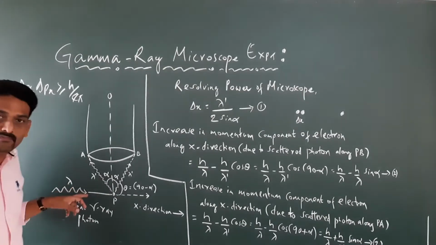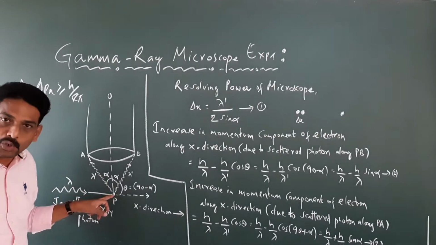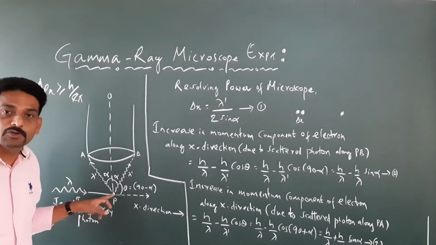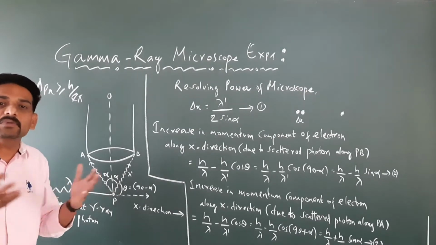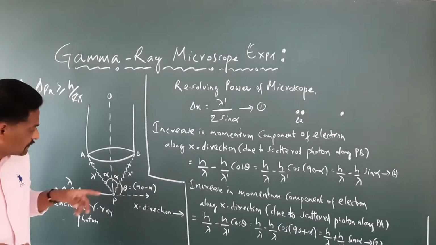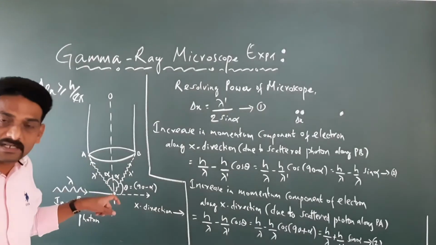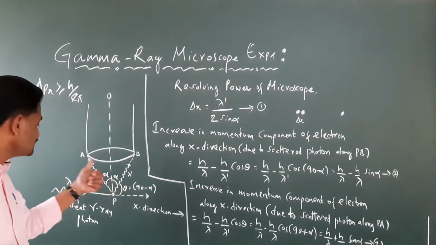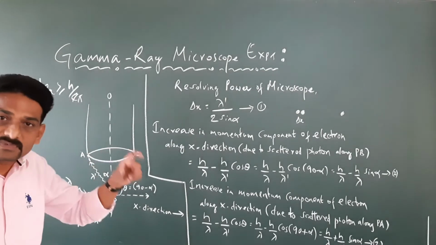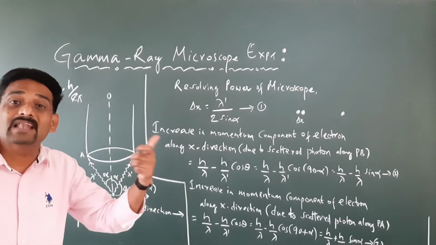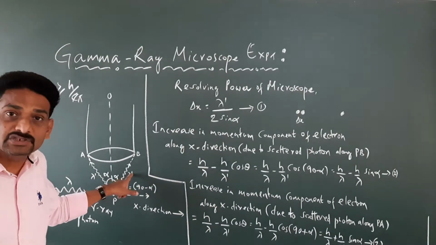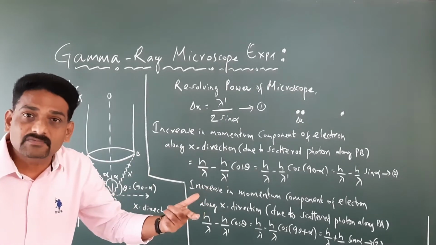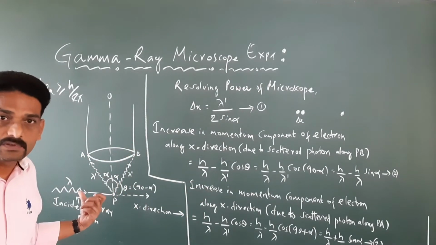When this incident gamma ray photon collides with this electron, there is going to be scattering. There will be n number of scattered rays. As per the Compton scattering experiment, some scattered rays will have the wavelength same as that of the incident one. Some scattered rays will have the wavelength lambda dash, which is always greater than that of the incident one.